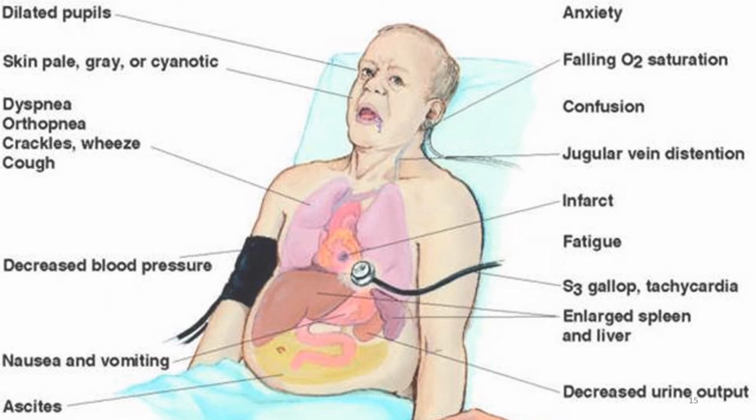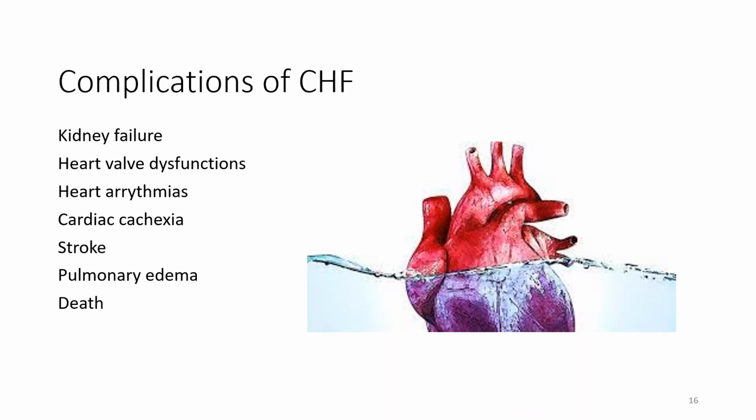And a physical exam often shows crackles in the lungs, hypo or hypertension, and an S3 gallop. Some of the complications of congestive heart failure include kidney failure, heart valve dysfunctions, heart arrhythmias, cardiac cachexia, stroke, pulmonary edema, and even death.